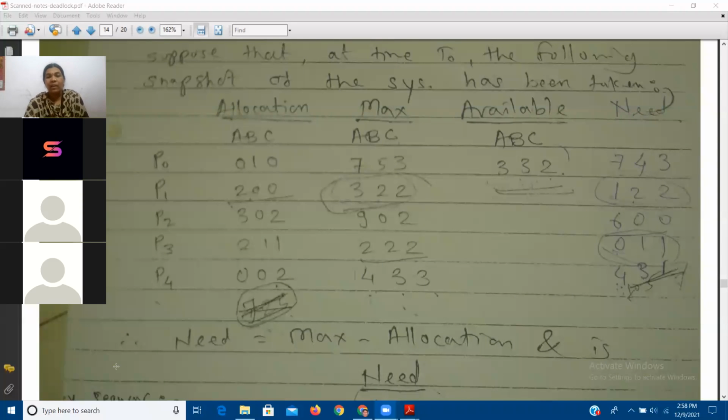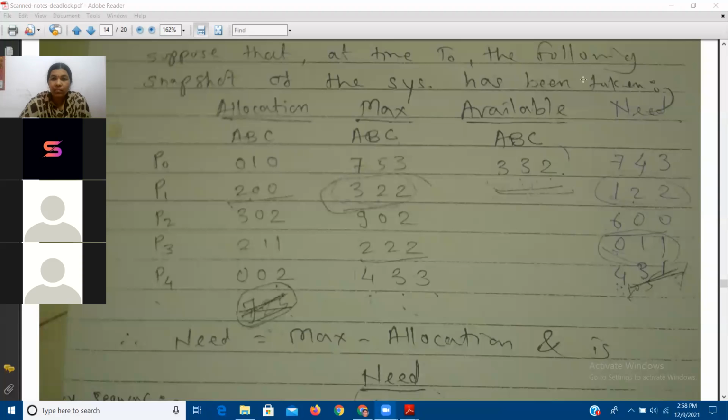For P3, 2 minus 2, 0. 2 minus 1, 1. 2 minus 1, 1. It's 0, 1, 1. And P4, max is 4, 3, 3 and allocation is 0, 0, 2. So 4 minus 0, 4. 3 minus 0, 3. And 3 minus 2, 1. So that is the need. So I calculated the need over here.